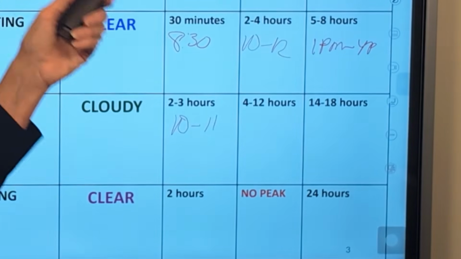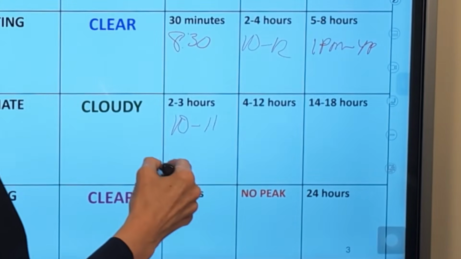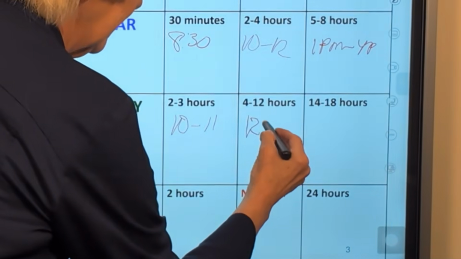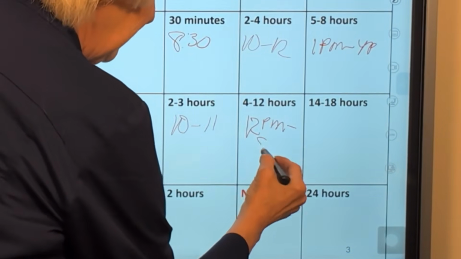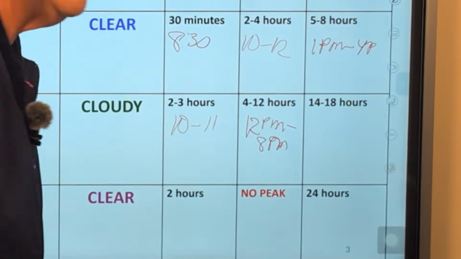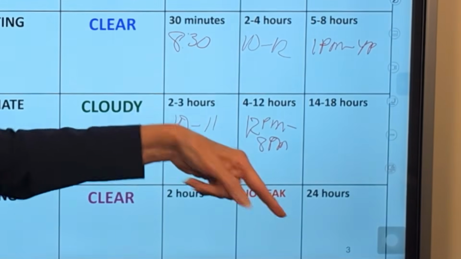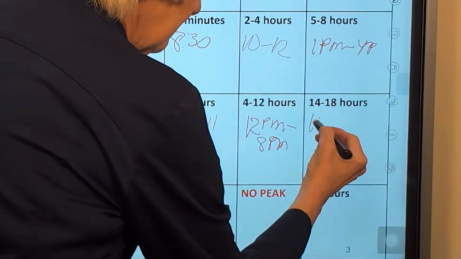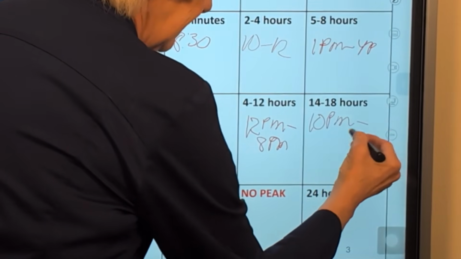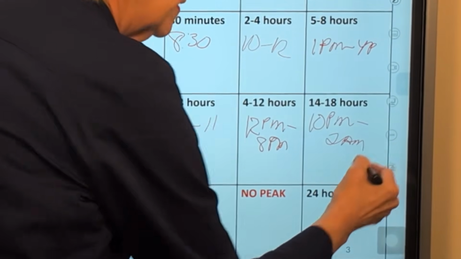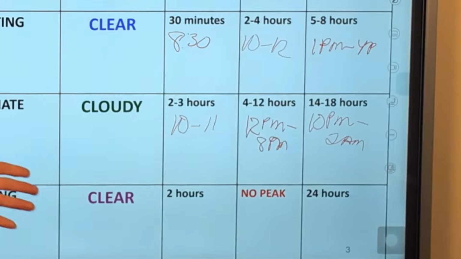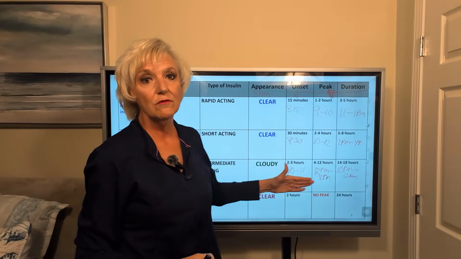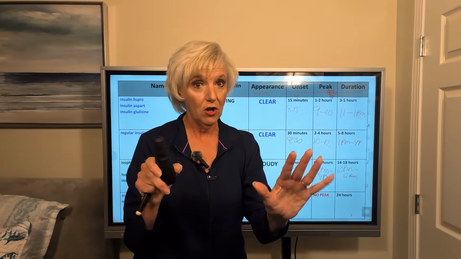Then it's going to peak and really drop my sugar between 12 p.m. and 8 p.m. My gosh, that's in my body a long time, really lowering my sugar because it works over time. And then it scoots on out of my body between 10 p.m. and 2 a.m. So you can see when it says intermediate acting, it means it's going to work over a longer period of time, but it does not work all day.